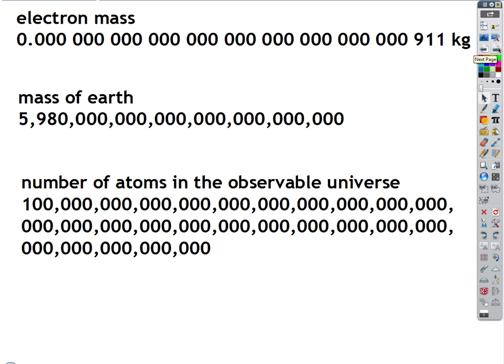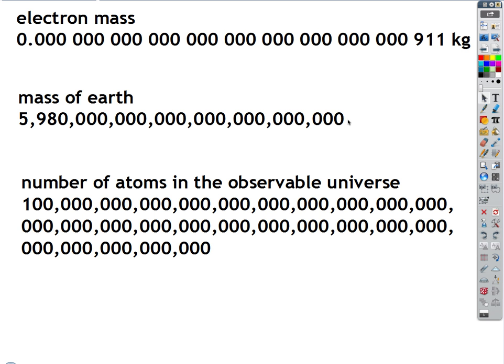All right, so as I mentioned, we sometimes run into issues of scale. If we want to talk about the electron mass, for example, that's an inconvenient number to write, isn't it? If we want to talk about the mass of the Earth, I didn't put the units up there, but it's kilograms.